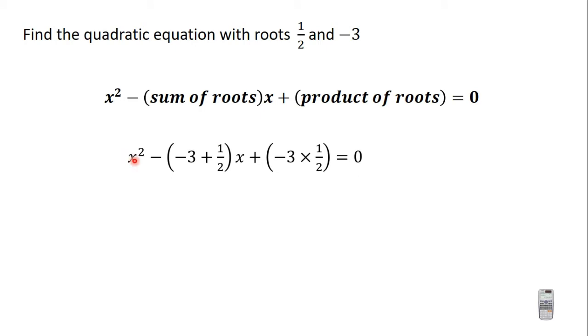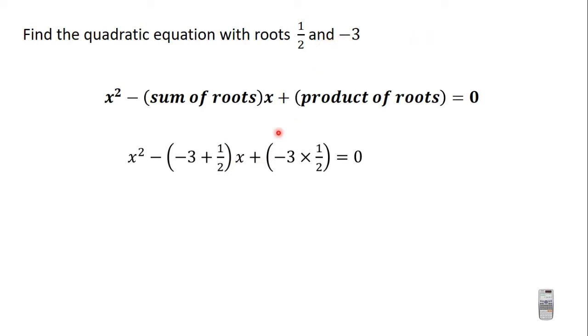So you have x squared minus sum of roots. So we add the roots. 1 divided by 2 plus -3, which can also be written as -3 plus 1 divided by 2. So we have x squared minus into bracket -3 plus 1 divided by 2x plus product of roots.